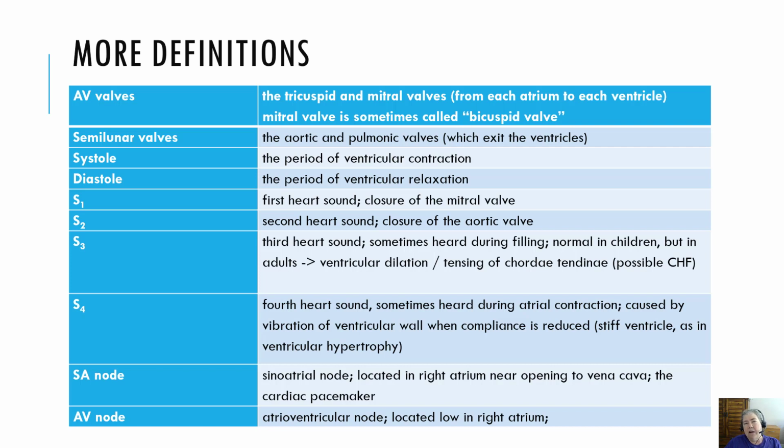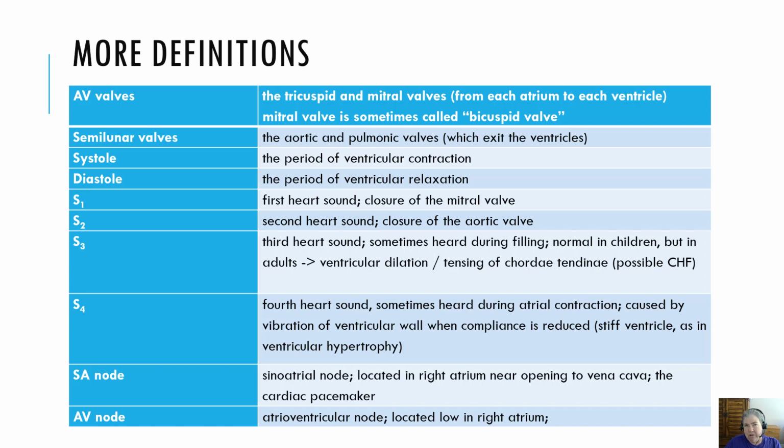And the chordae tendineae, which are these sort of strings of heart muscle that stabilize the mitral valve, tense, sort of like a guitar string. So you get a vibration from the tensing of the chordae tendineae. And an S3 in an adult may indicate the possibility of congestive heart failure.